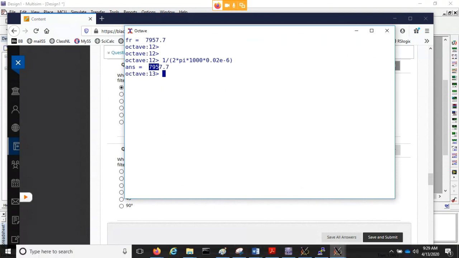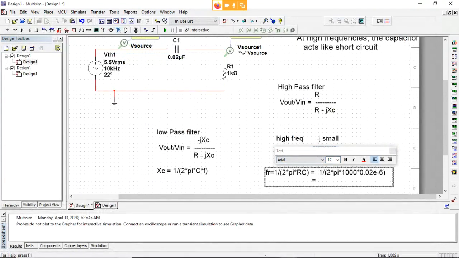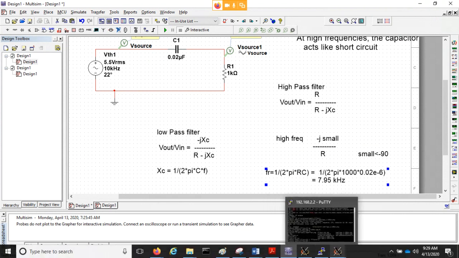Okay. So that gives our frequency 7.96 kilohertz to our 3 significant digits. So this is our critical frequency here, or our cutoff frequency. Okay.